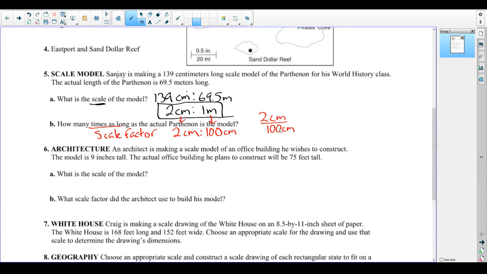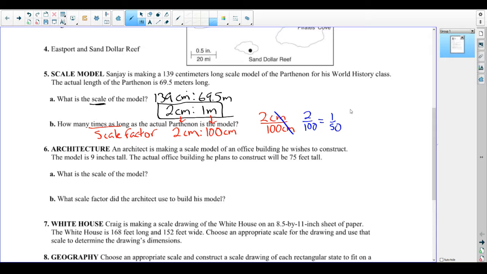And as you know, anything divided by itself is 1. So if we have centimeters divided by centimeters, these just cancel out. And so our scale factor from the model to the Parthenon is 2 to 100, or 1/50th.